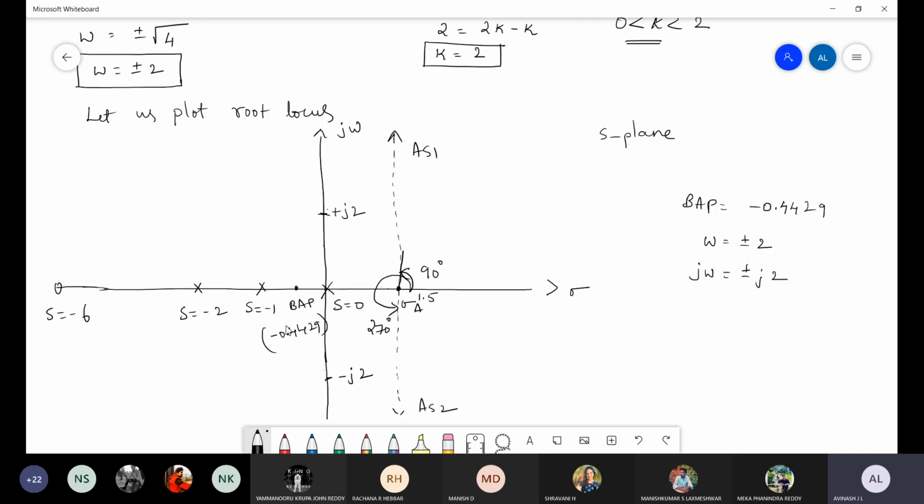Once we get the point of intersection, I told you that from the breakaway point to the point of intersection, we need to draw a curved line. So here also I need to make it a curved line, so you can write it properly.